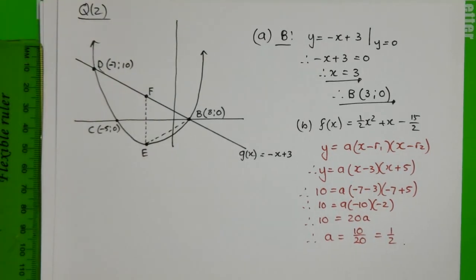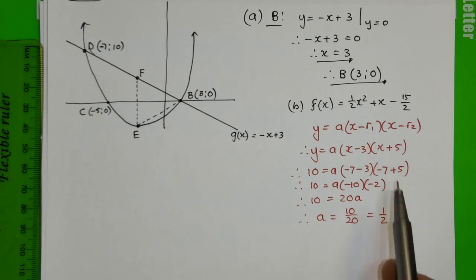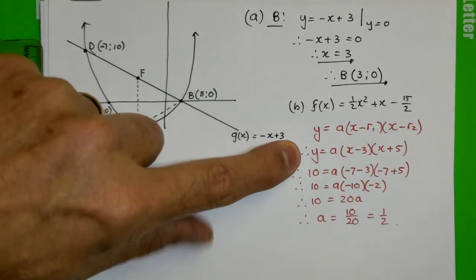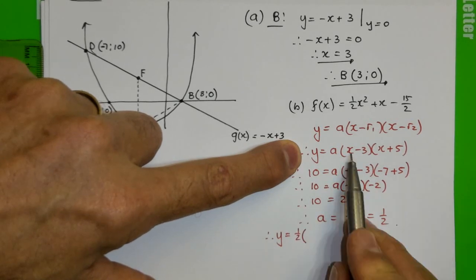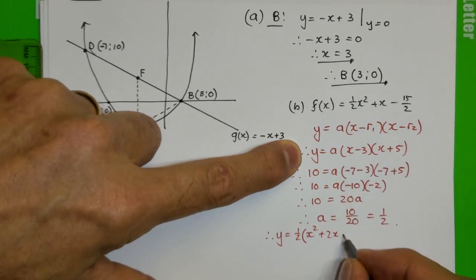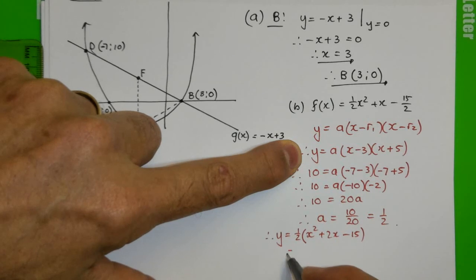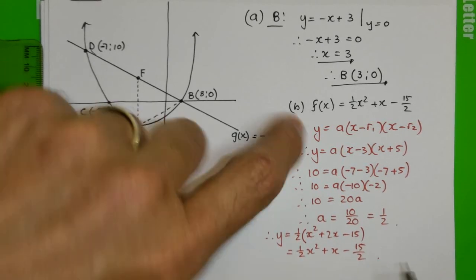Now all you have to do is to take that back into the equation that you have over here. So we say therefore y is equal to a half, and if we start distributing there we get x squared plus 2x minus 15. The half goes in, so you have a half x squared plus x minus 15 over 2.